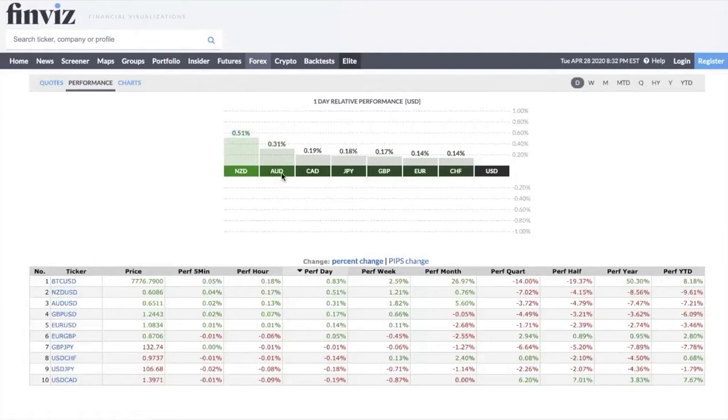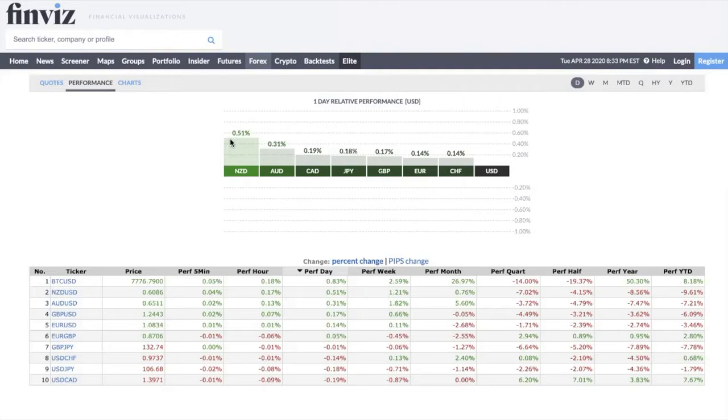Aussie dollar is up 0.31%. Dollar CAD is up 0.19%, dollar yen is up 0.18%, pound dollar is up 0.17%, and so on and so forth. I'm not going to go through everything, but this is how you read the relative performance.